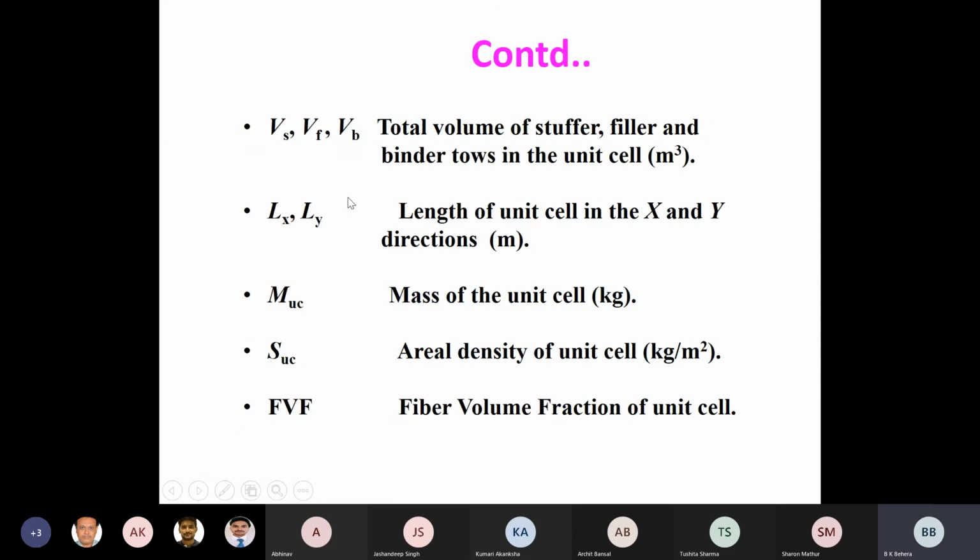Then total volume of stuffer, filler, binder. Length of unit cell in X and Y direction. So in the fabric, M is the mass of the unit cell, the areal density of the unit cell, and V F is the fiber volume fraction of the unit cell.